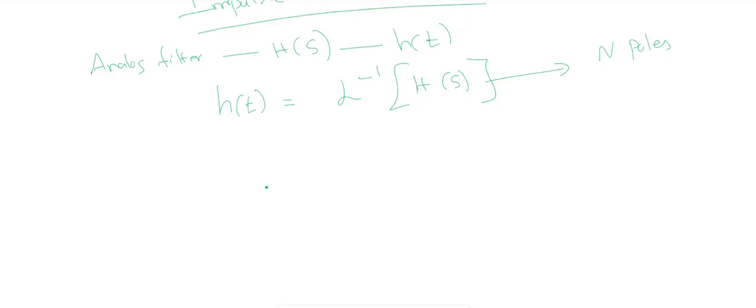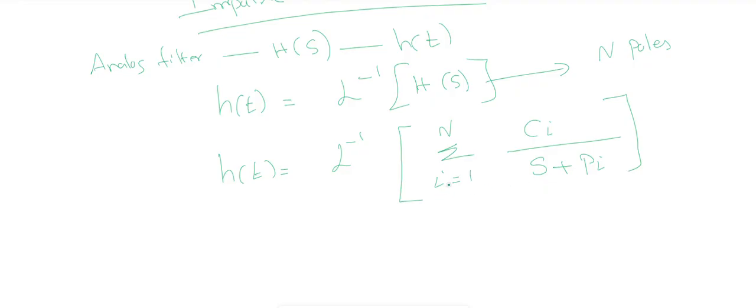If we consider n poles, then h of t is equal to the inverse Laplace transformation of H of s, the summation of i equal to 1 to n, ci, the partial fraction coefficients, ci divided by s plus pi, the poles.